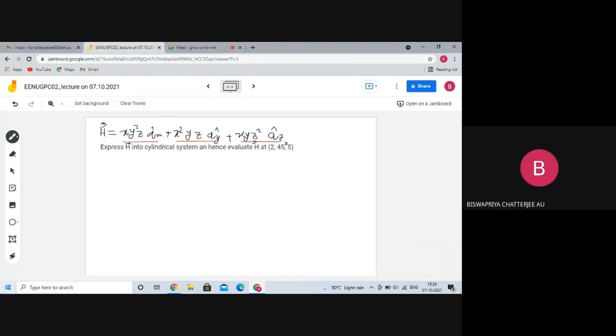Okay. So I have discussed one formula, rather it was given in the note. It was given in the note. So let me write it down first.